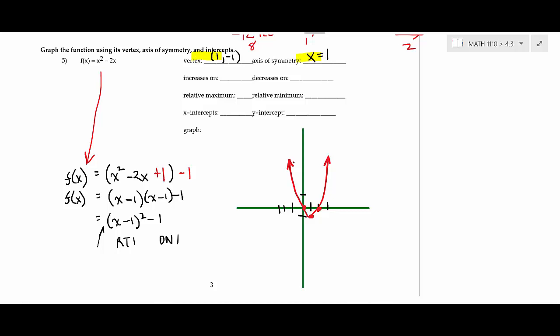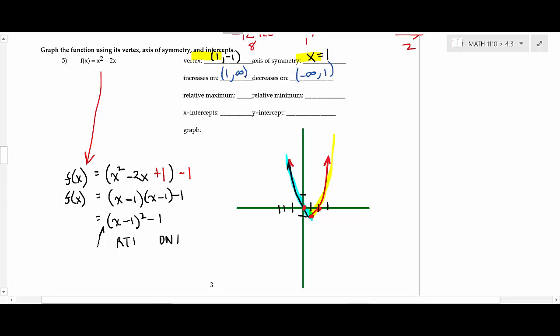So the decreasing is this part I'm highlighting in blue, from negative infinity to the x value 1. The increasing is the part I'm highlighting in yellow, from 1 to infinity.